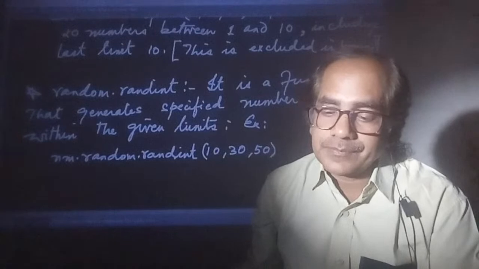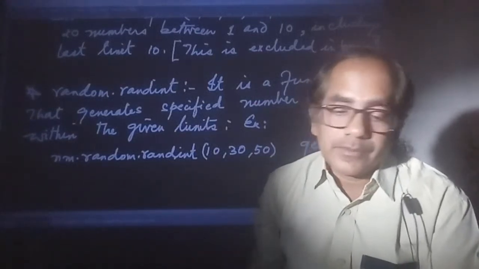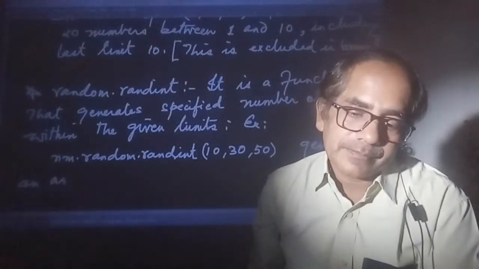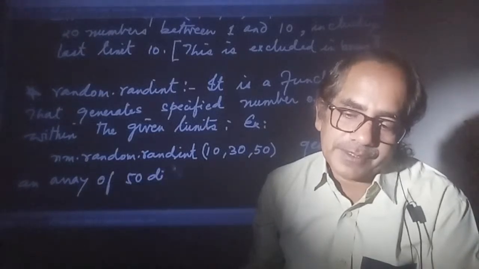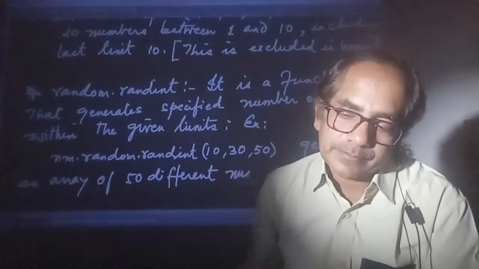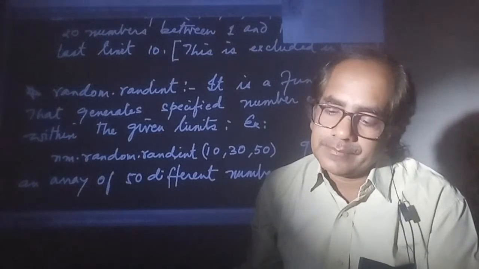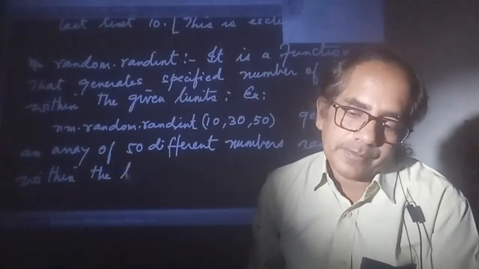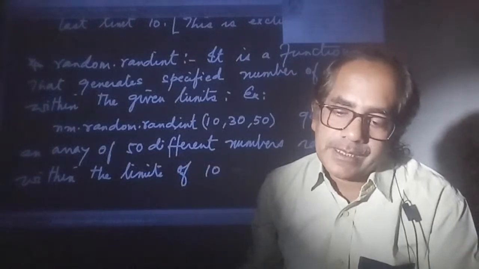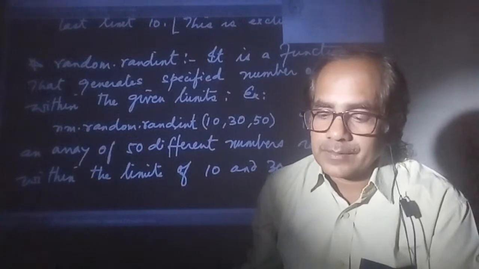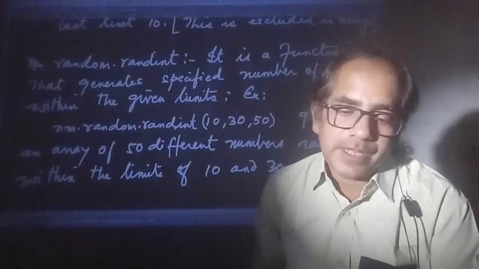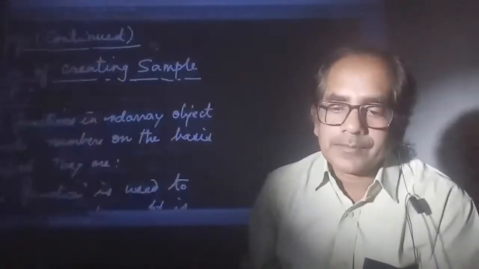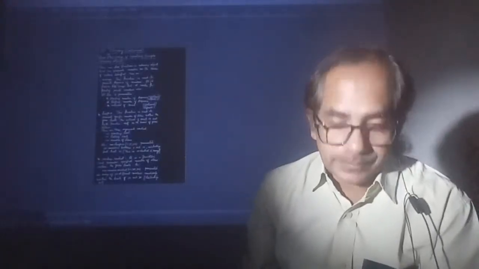Suppose we give 50. It generates an array of 50 different numbers randomly within the limits of 10 and 30, excluding 30.